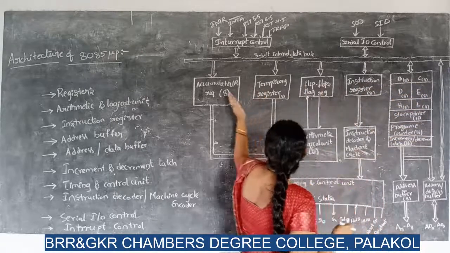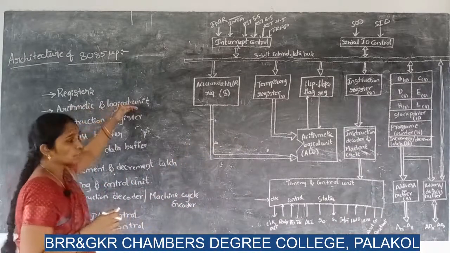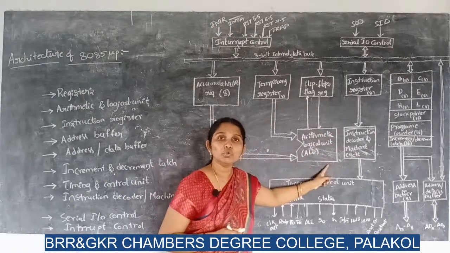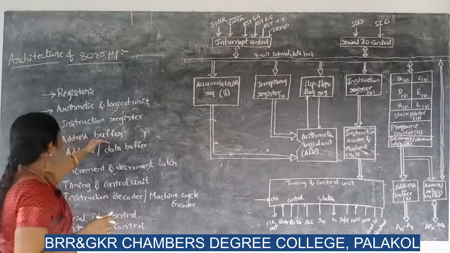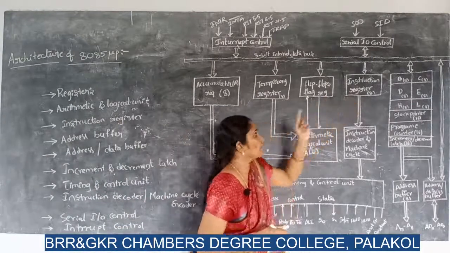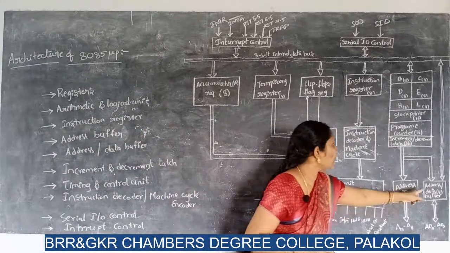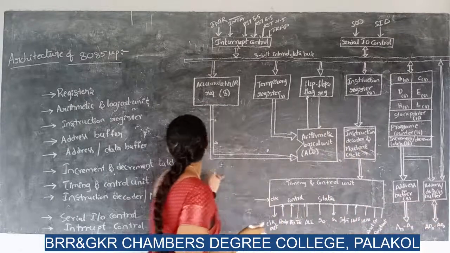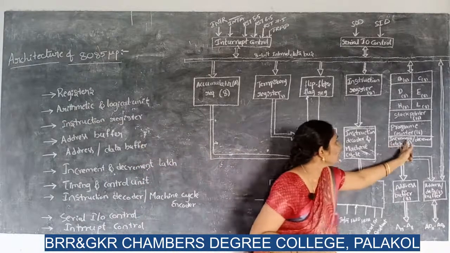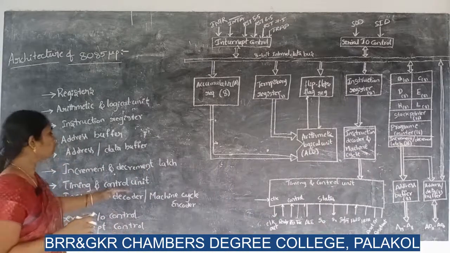All these are registers. Next is the arithmetic and logical unit, then the instruction register, then the address buffer and the address and data buffer, and next the increment and decrement latch.